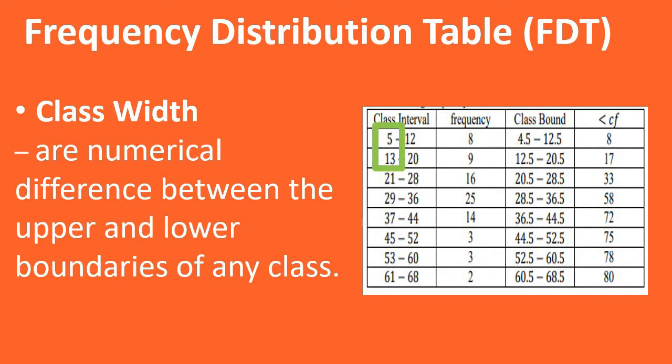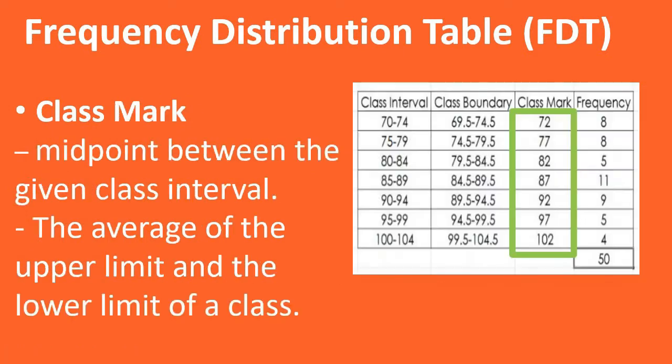We simply subtract 0.5 from the lower class limit and add 0.5 to the upper class limit. Class width is the numerical difference between the upper and lower boundaries of any class. For example, if we have here 5 and 13, 13 minus 5 is 8. Or 20 minus 12, that's also 8. So that's the class width. Class mark is the midpoint of the given class interval.